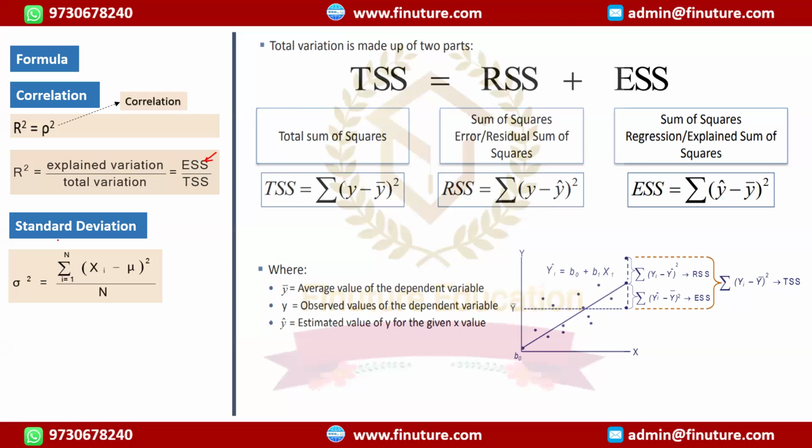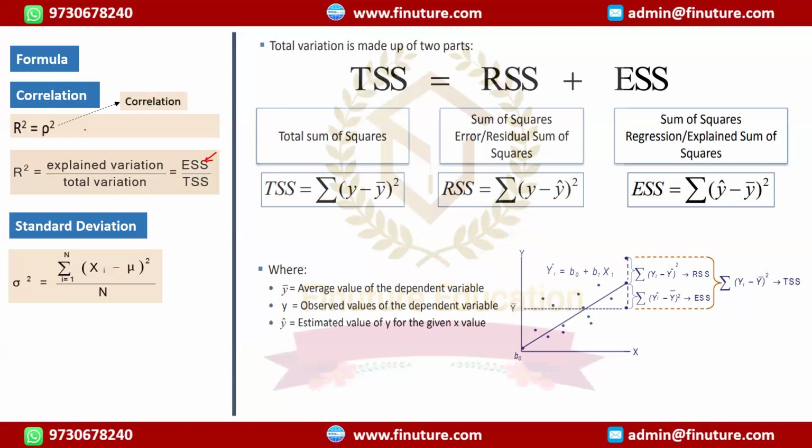And lastly, we have standard deviation, which is a very basic formula from quants. It's a squared deviation. When I say deviation, how far your data point is from the mean. Square of that, sum all the data points divided by n, that will give you the variance. And if you take the square root of this expression, that will give the standard deviation.